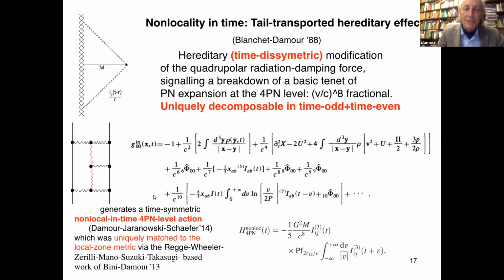The explicit calculation at the time said the near zone metric acting on the binary system contains a term which comes from tail effects, which means that a soft, nearly radiative graviton mode was emitted a long time in the past, was backscattered on the curvature of space-time generated by the total mass energy of the system, and backscattered back on the system. And this creates forces in the motion of the binary system which are time disymmetric.